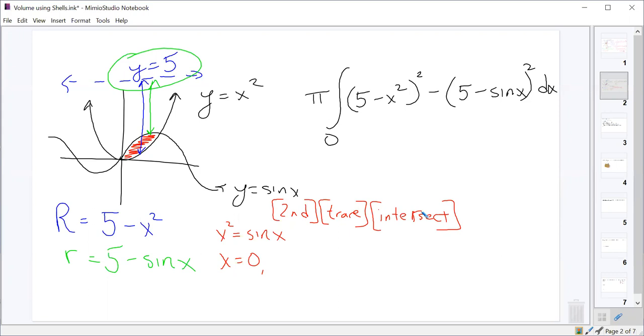Everybody there? It should say first curve question mark. When it says first curve, make sure your little cursor is to the left of where the points intersect. Obviously you want it to the right of 0, because we know they intersect at 0, but you want to be to the left of the other intersection point.